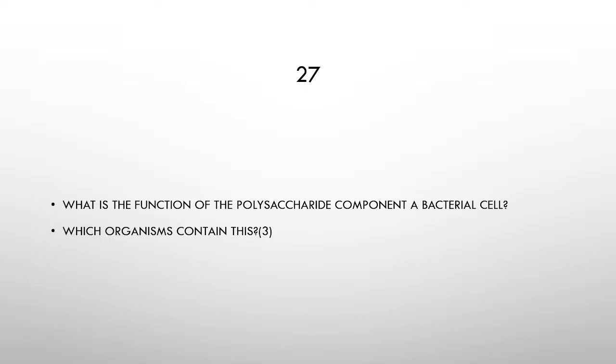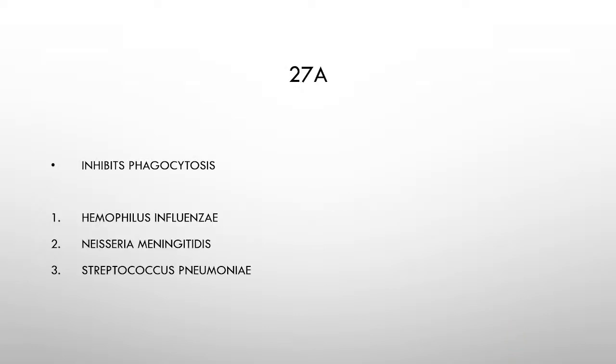Okay? Now, what is the function of the polysaccharide component of bacterial cells? So I mentioned earlier that it inhibits phagocytosis. And organisms that contain this include 3 organisms. Okay? Haemophilus influenzae, Neisseria meningitidis, and Streptococcus pneumoniae. What is the main commonality between these 3 organisms?